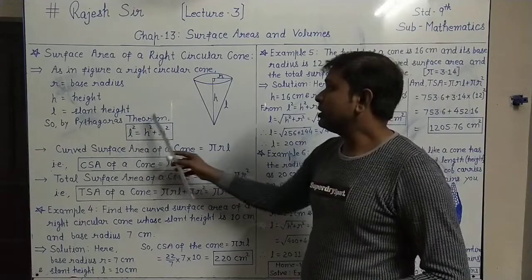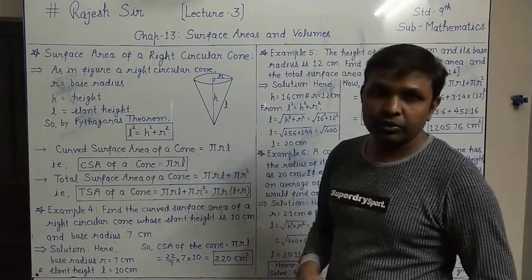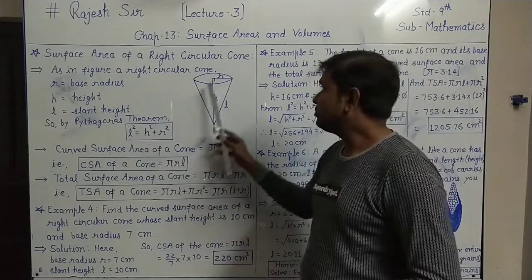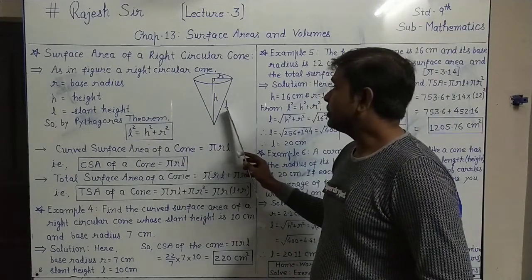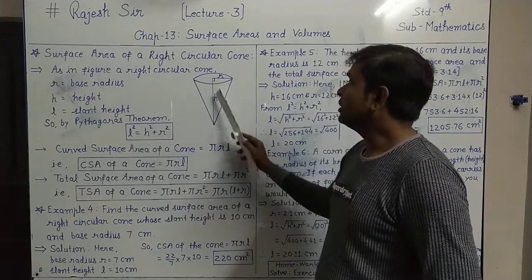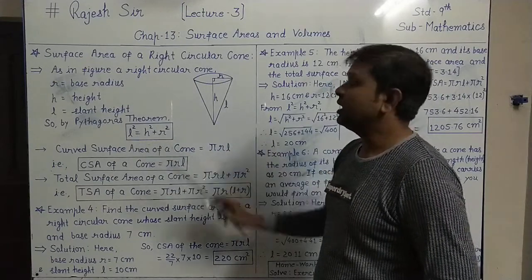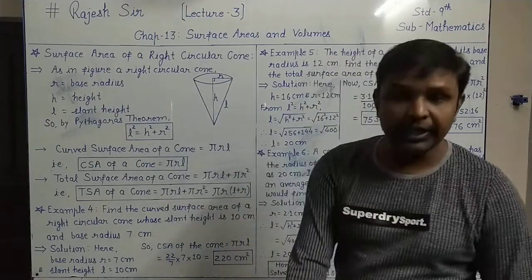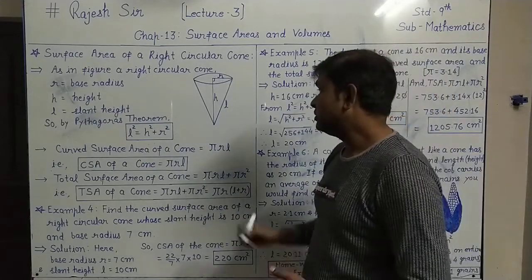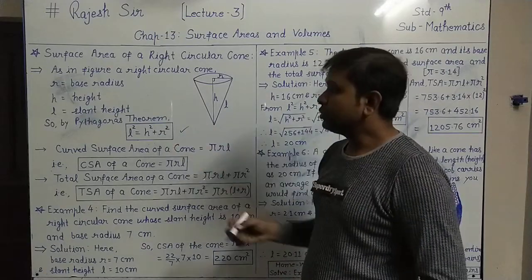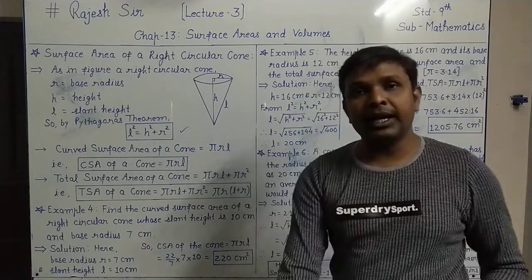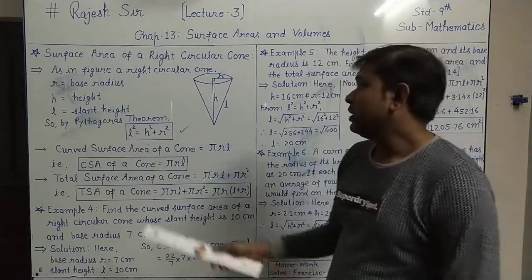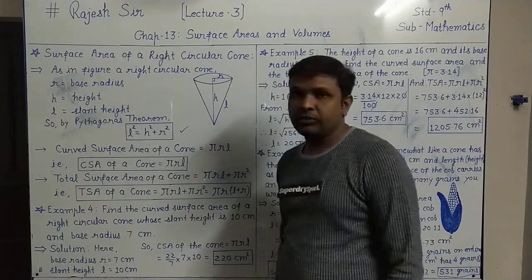In Pythagoras theorem, you know that the hypotenuse square equals the sum of the other two sides' squares. So L square equals h square plus r square. For the right circular cone, we have to remember this formula. If we know any two of L, h and r, we can get the third one by this relation: L square equals h square plus r square.